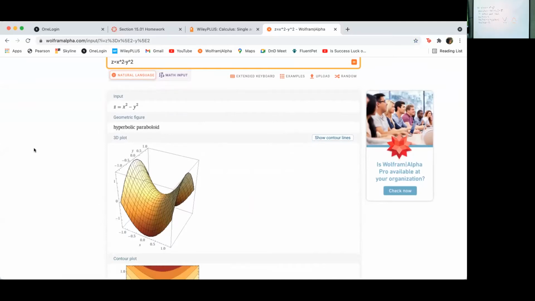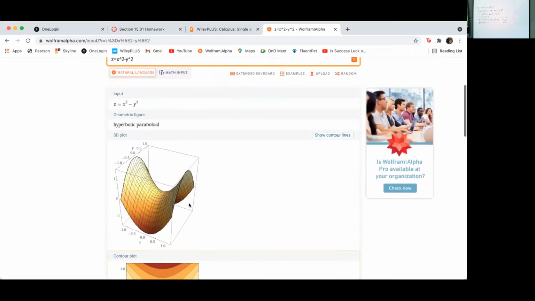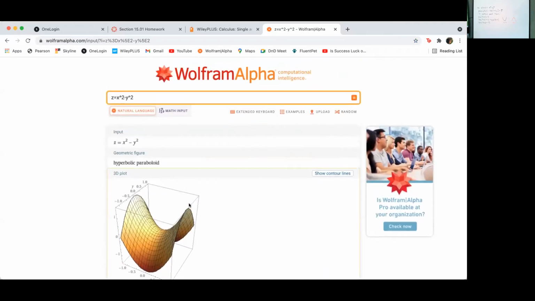And so the geometry tells us that what we're looking at is a saddle point. So called because it kind of looks like a saddle. Saddles aren't so pointy. They should be a lot flatter in the middle. If we look at our contours, we have these two lines that cross, and then we have all these hyperbolas. So what we end up with is a hyperbolic paraboloid.